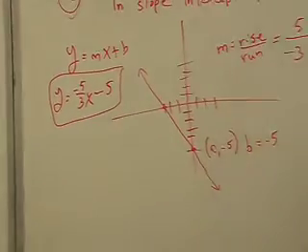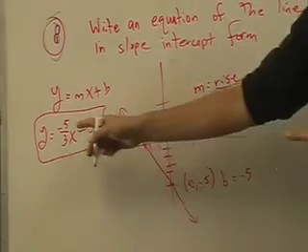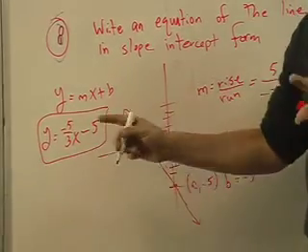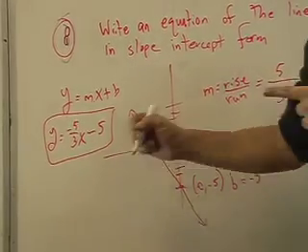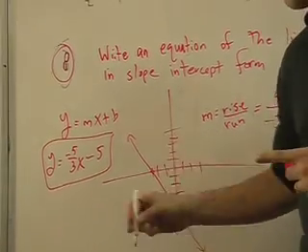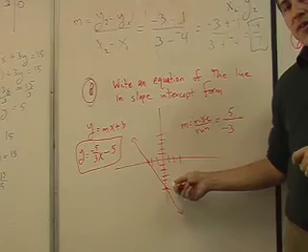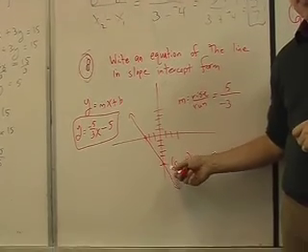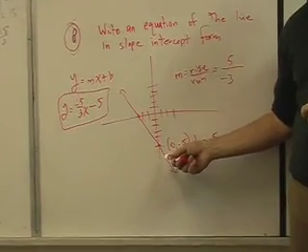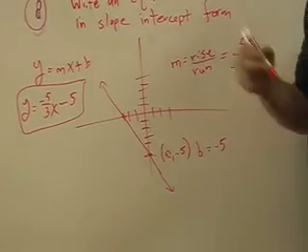Just that simple, okay? And by the way, if you put 5 over negative 3, it's the same thing. One negative, whether it's on the top or bottom, gives you a negative fraction. Given a graph, you can find your y-intercept, and then from there, just rise over run, find your slope, and you're done. M and B.